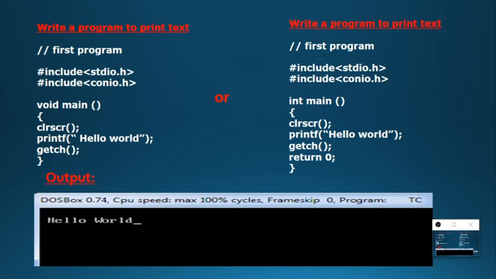With int main, we have to return some value. When you return some value, we use int, or you may use a float. So instead of int we can also use a float. Both programs have the same output. When I use void, I don't return anything. When I use int, you can see I have returned, I said return 0. So the output is common, hello world, hello world.